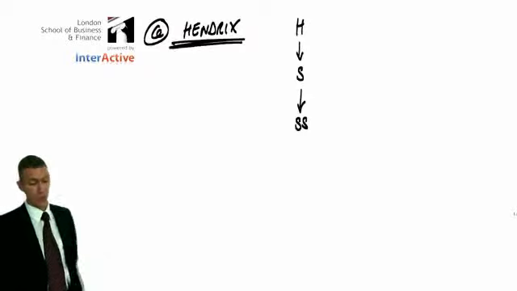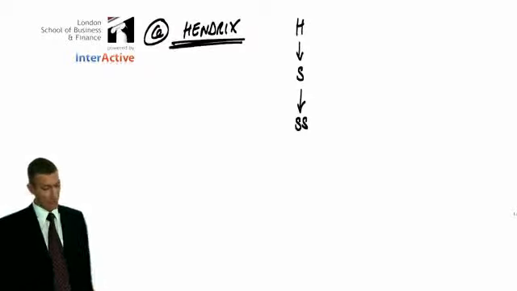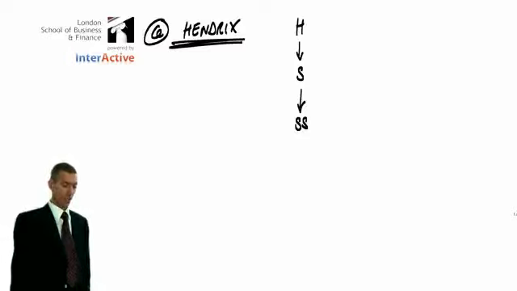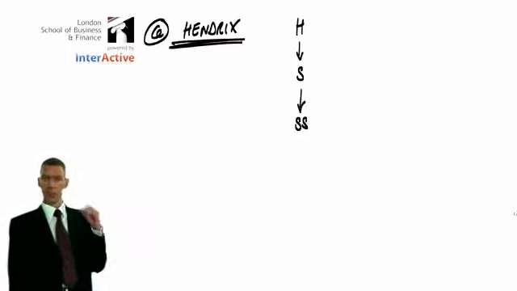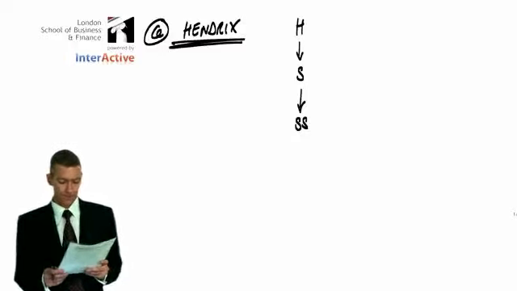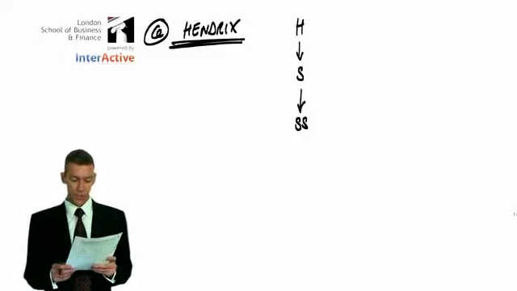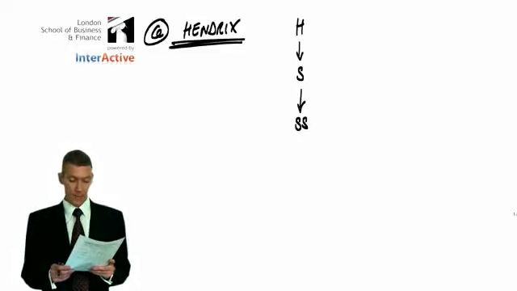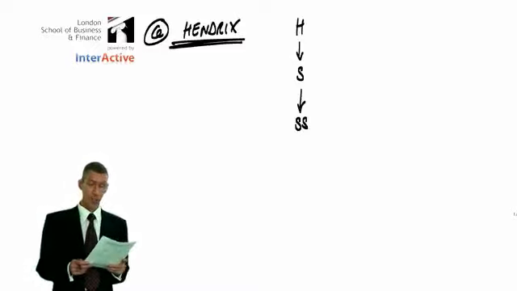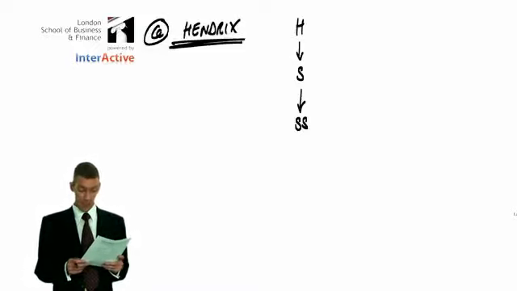But we don't have ownership percentages in Hendrix. What we do have is ownership of shares. Can you see that S has purchased 6,000 shares in SS, and we in H have purchased 14,000 shares in the middle entity S? Do you see that?